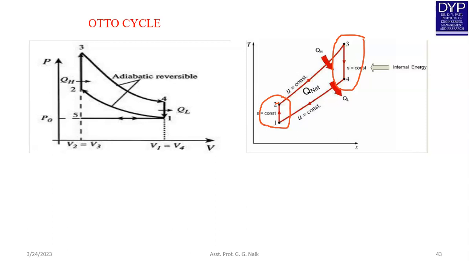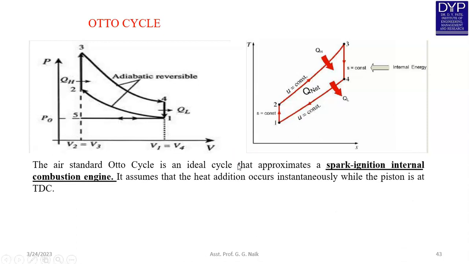Now let us see how to calculate the efficiency of this particular Otto cycle. The air standard Otto cycle is an ideal cycle that approximates a spark ignition internal combustion engine. It assumes that the heat addition occurs instantaneously while the piston is at top dead center.